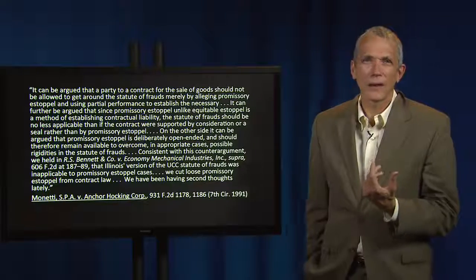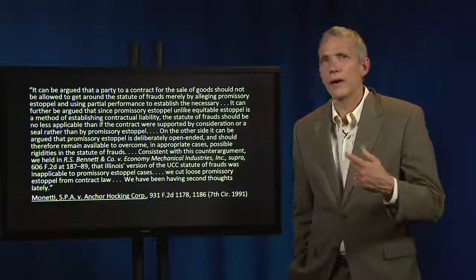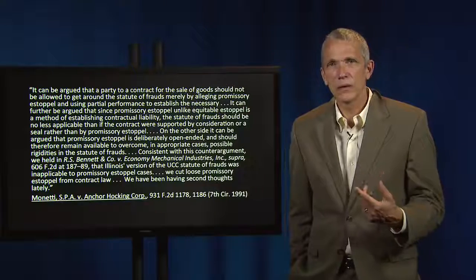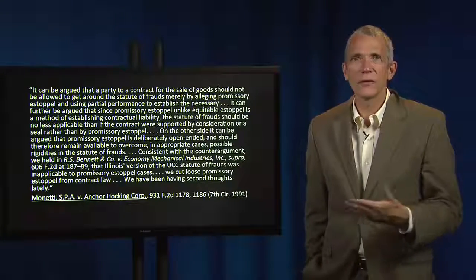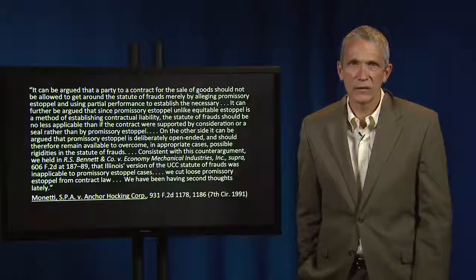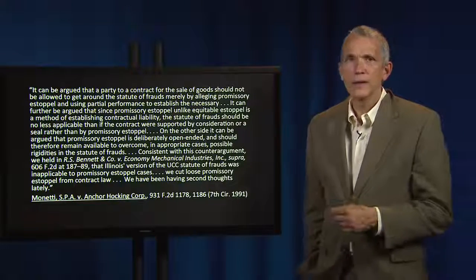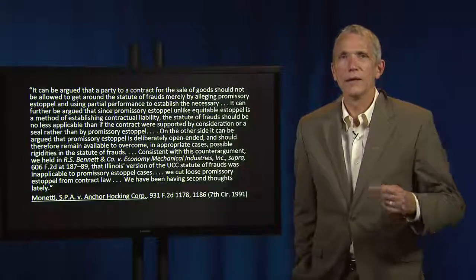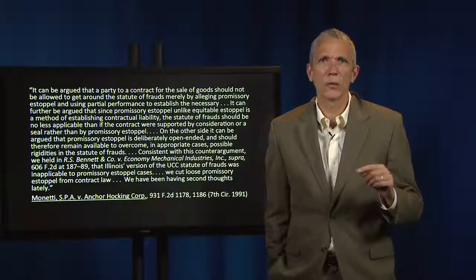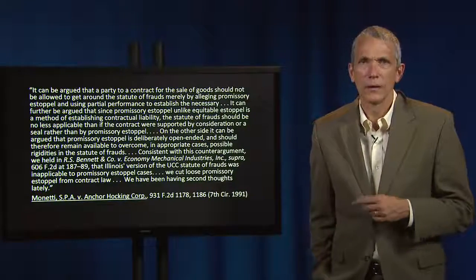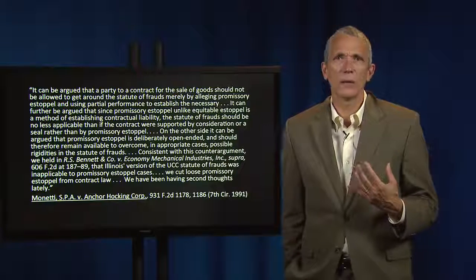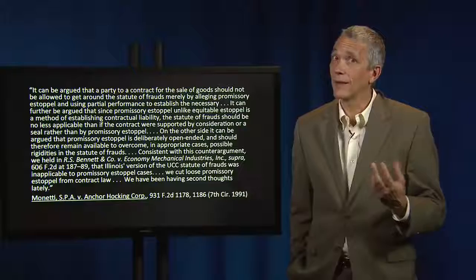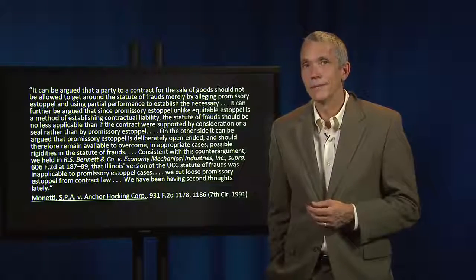There, the court outlined some of the arguments for and against applying promissory estoppel to save an agreement that failed to meet the statute of frauds requirements under the UCC. That opinion explained that it had, in past cases, "cut loose promissory estoppel from contract law" and permitted promissory estoppel in statute of frauds cases, but that it was having second thoughts lately.